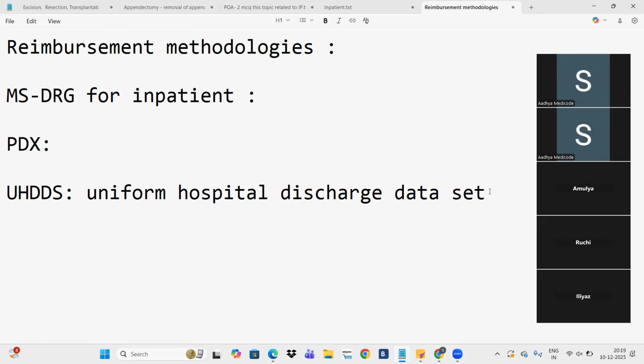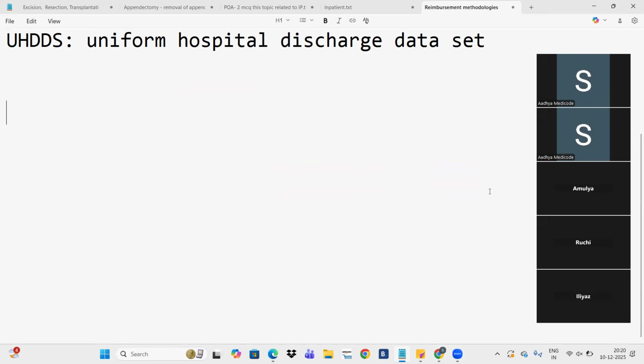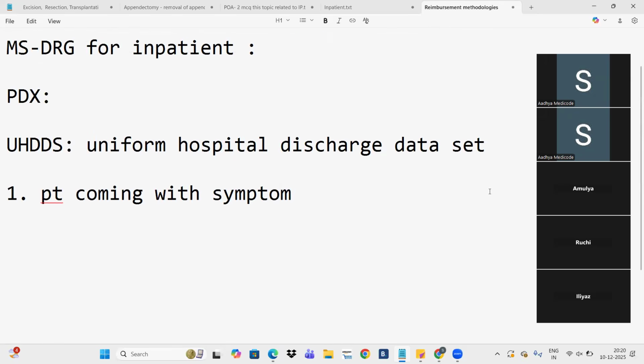The first concept: PDX means the reason for the admission, the related established condition.